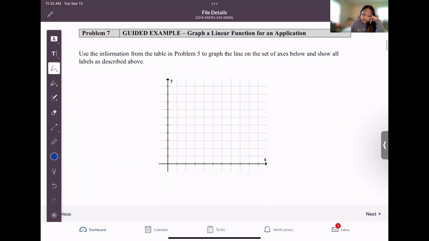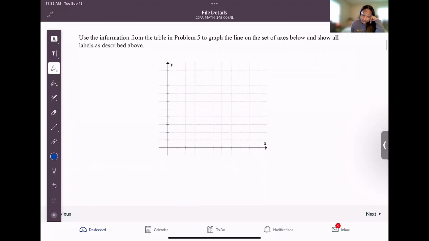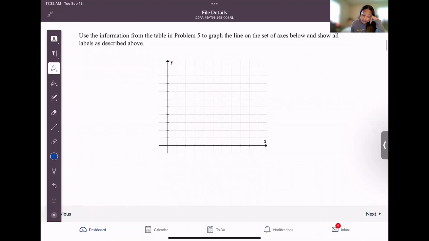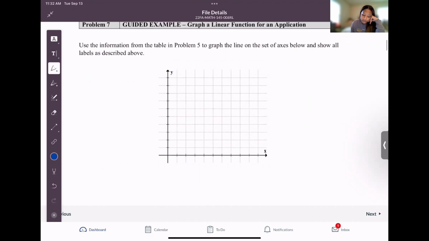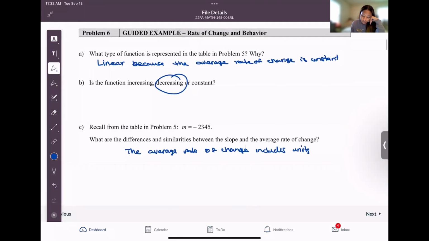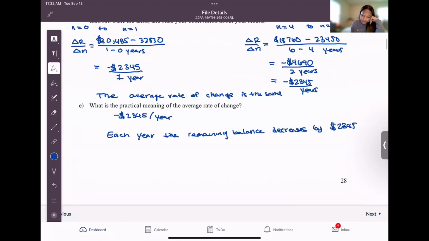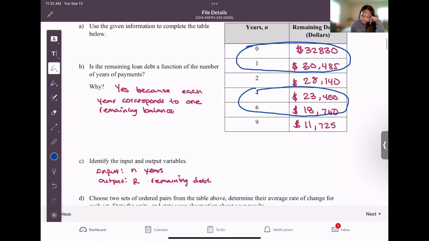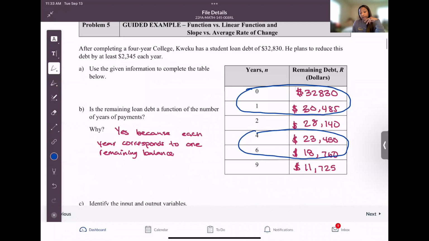For number 7, it says use the information from problem 5 to graph the line on a set of axes below and show all labels as described above. So in problem 5, we never actually wrote out the equation of the line, but we can. This is the information that we're given.